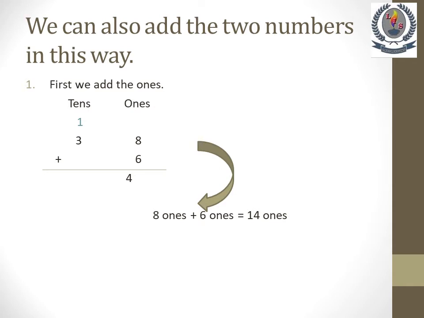To add the tens, we add 3 tens and the 1 ten that has been carried over. So, we get 4 tens. The sum of 38 and 6 is 4 tens and 4 ones or 44.